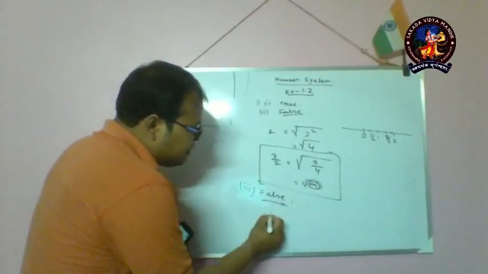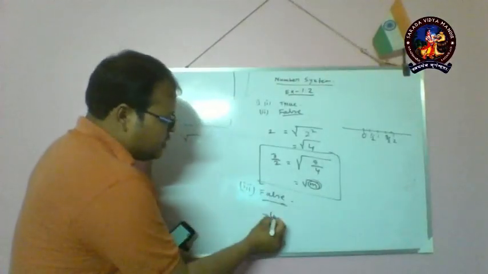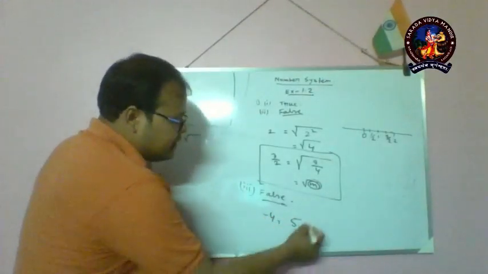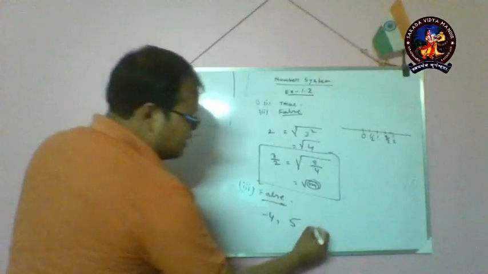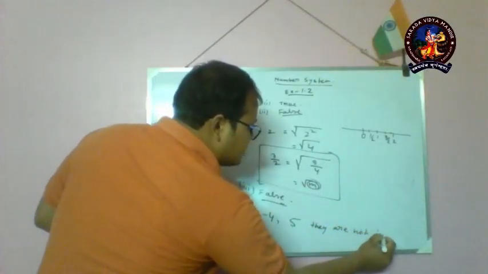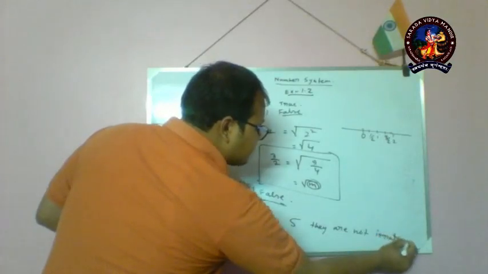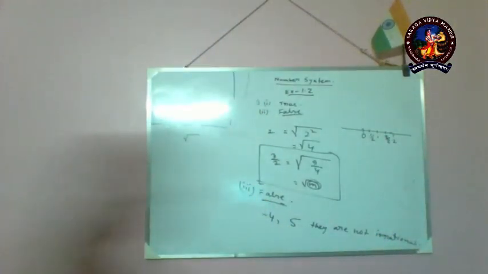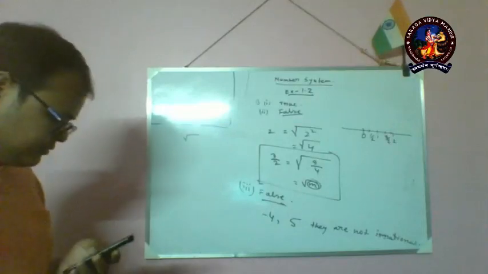It's very simple, you choose -4, or you choose 5. They are not irrational. So number 3 is false. Just a counter example is sufficient for the justification of your answer.